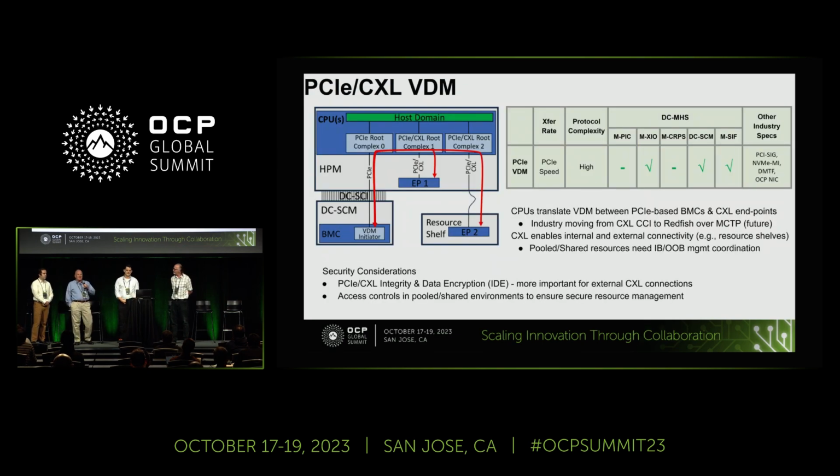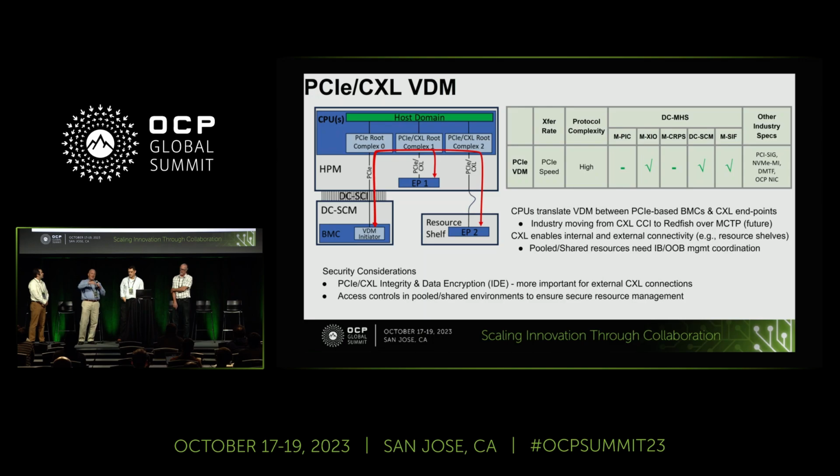People might not think that PCI and CXL VDM is related to out-of-band management protocols, but it is synergistic, and there are a lot of considerations as we move forward in this space, especially when we move to CXL. The BMCs today take advantage of the VDM protocol for things like firmware download, large log transfers, and things like that. Typically, that would be between the BMC going through the root ports of the switch to the peripheral devices local in a server.